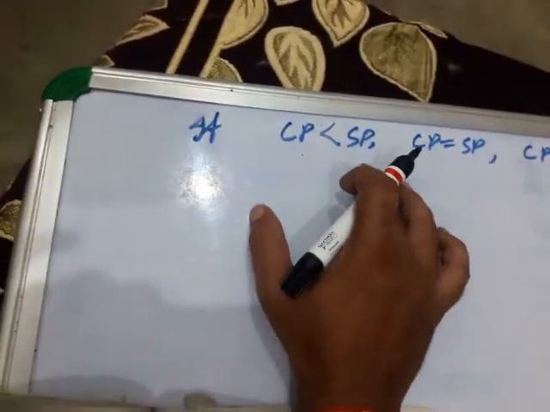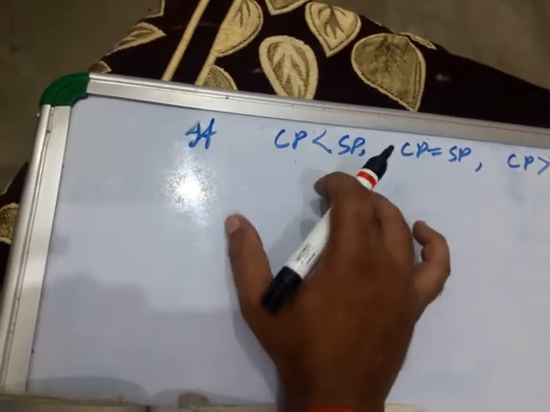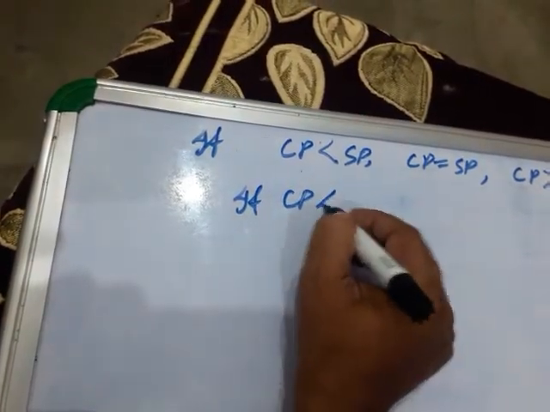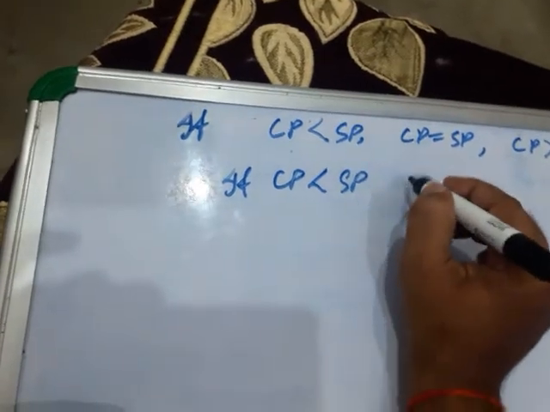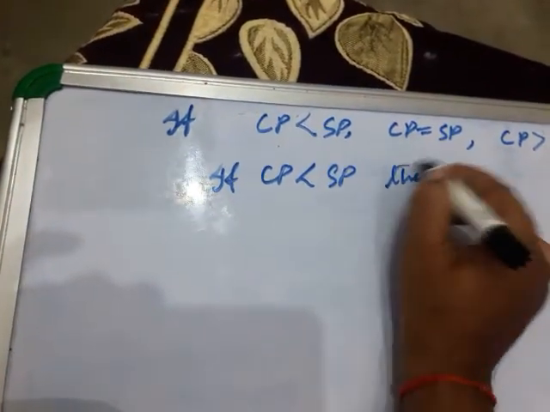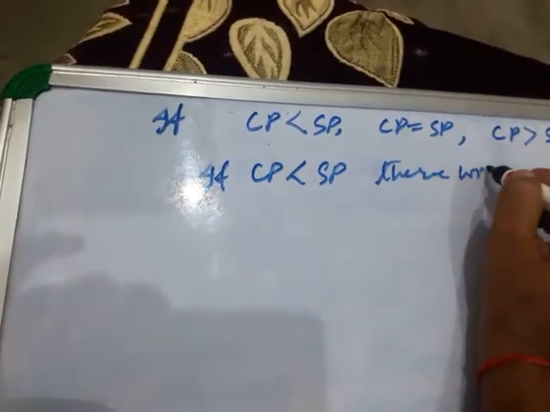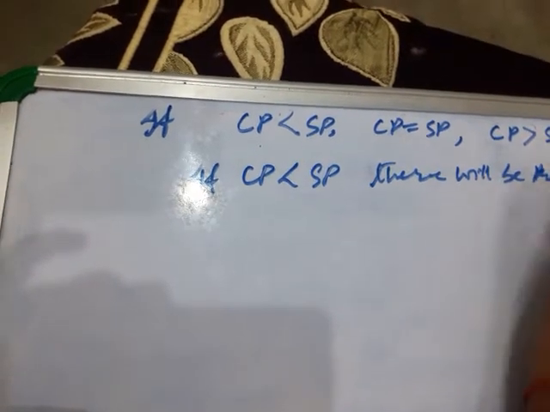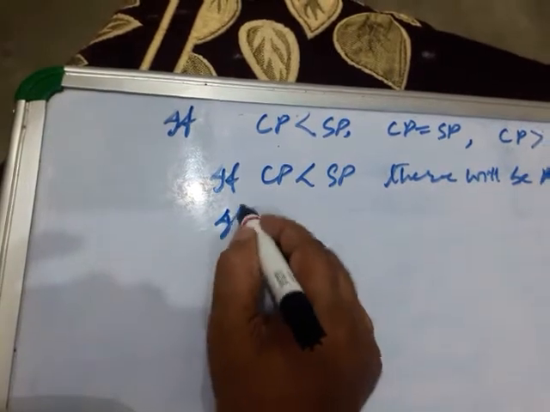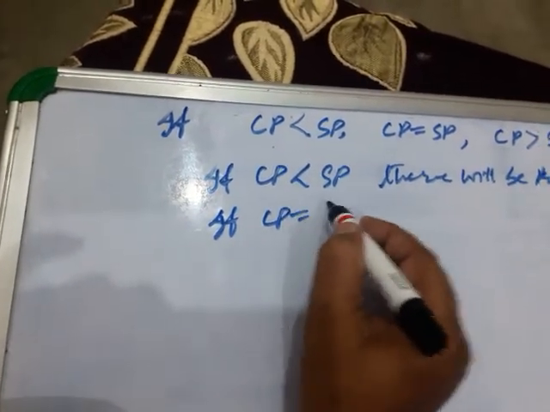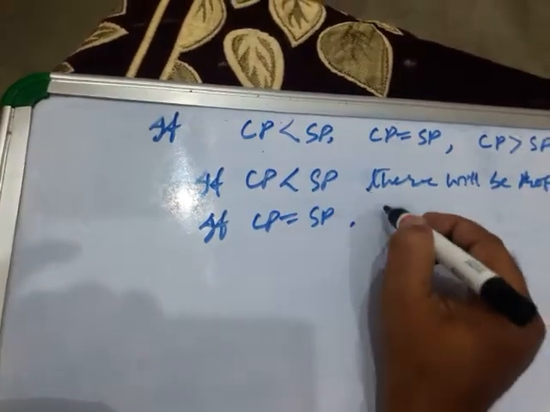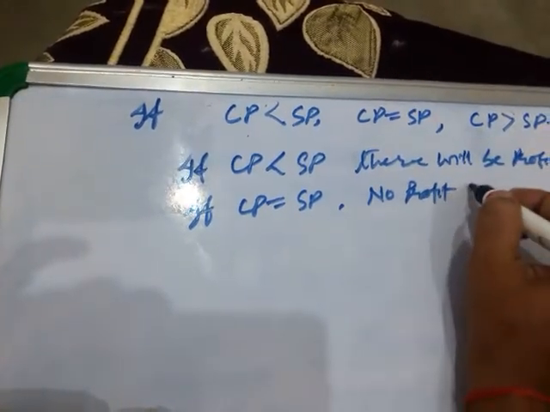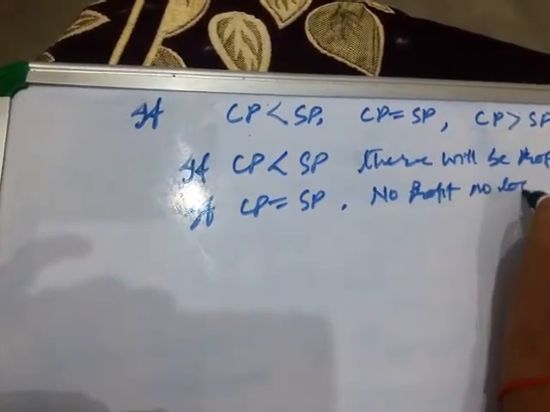If CP is less than SP, then there will be profit. And if CP is equal to SP, then no profit, no loss.